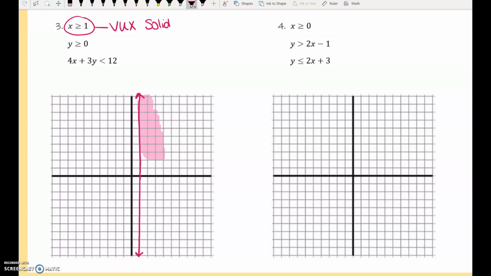If you've got pencil, I would suggest you put the pencil kind of sideways on your paper and shade super lightly. Oh, I didn't really talk about how to shade this, did we? You can't shade up or down on a vertical line. So we want the x values that are greater than 1. X values bigger than 1 are to the right.